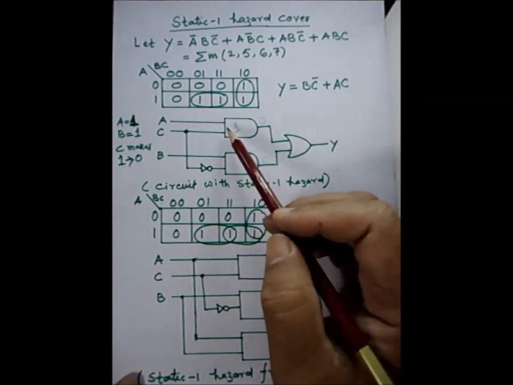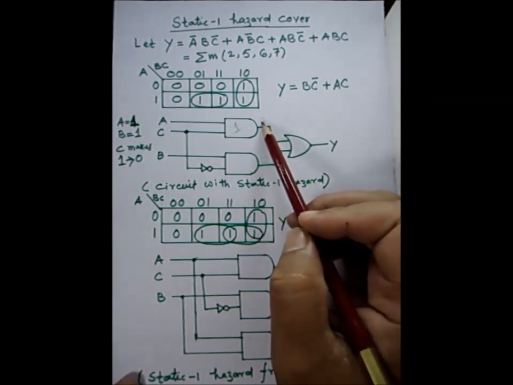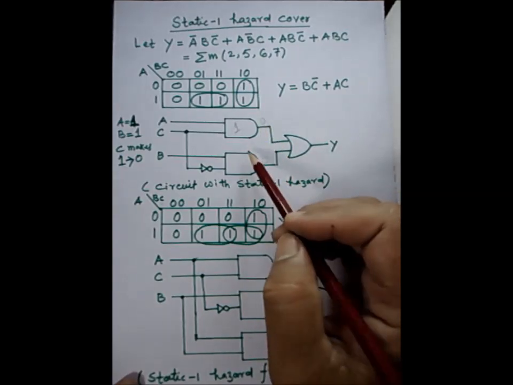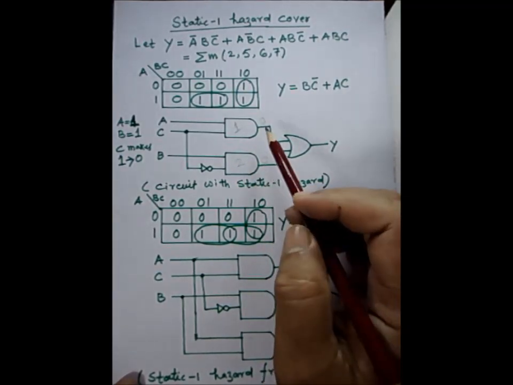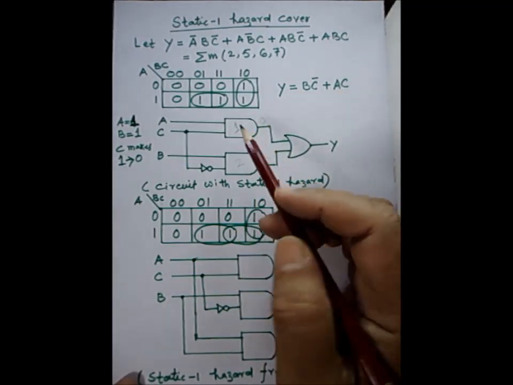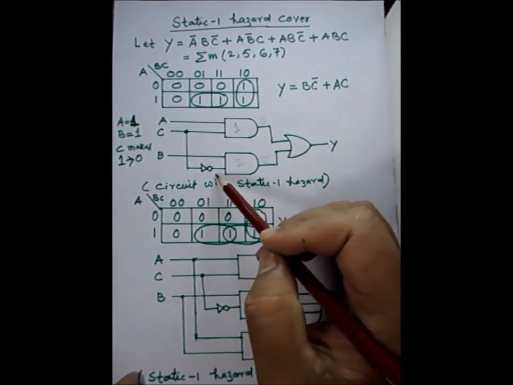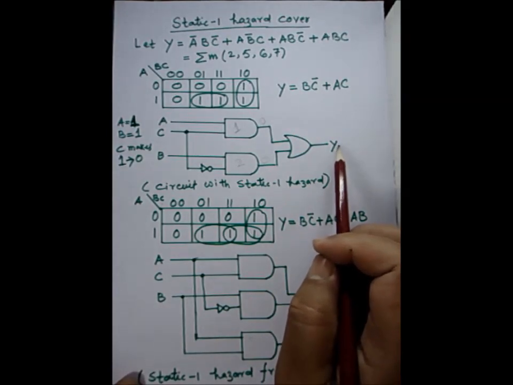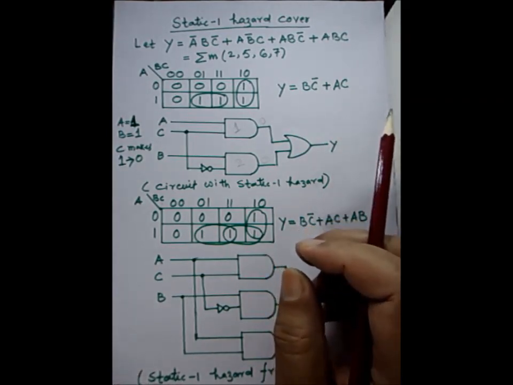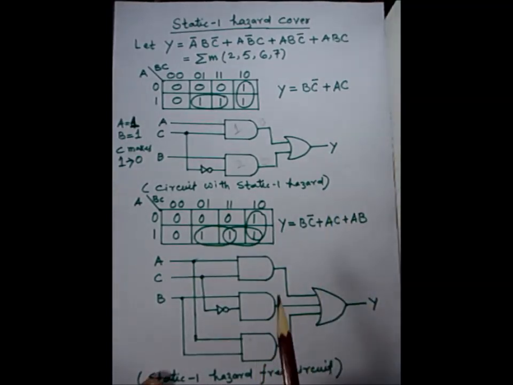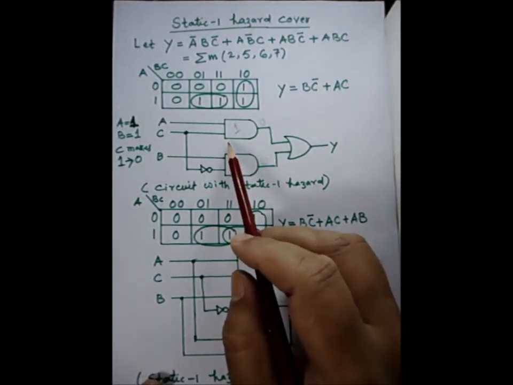So the output of gate number 1 is 0, and the output of gate number 2 is also 0 for a small duration of time because of the NOT gate delay, and as a result Y becomes 0 for a small period of time. That is the static 1 hazard present in that circuit.